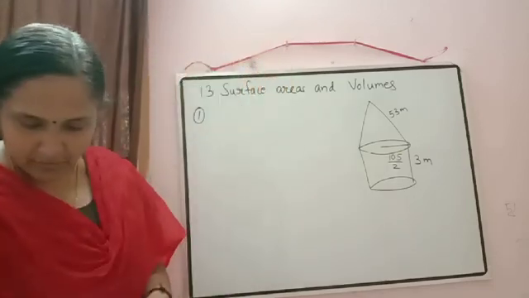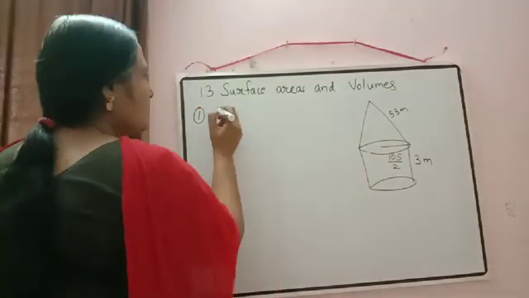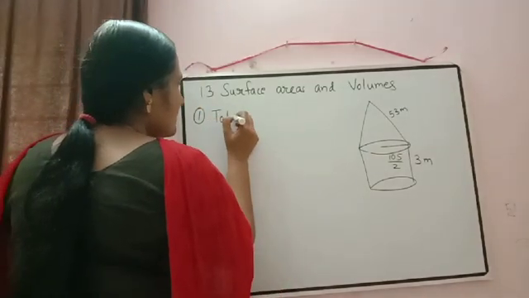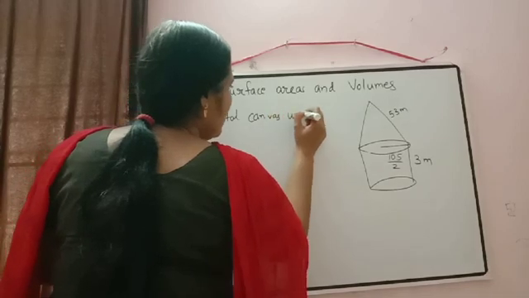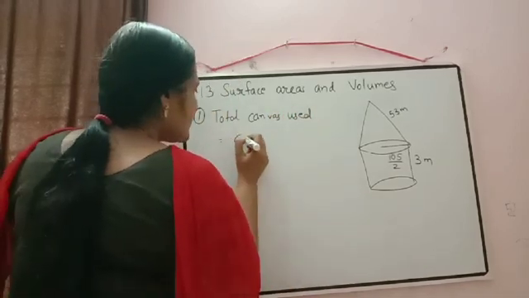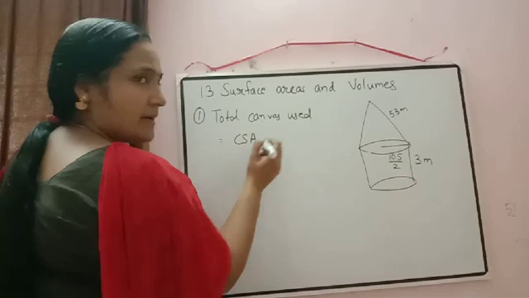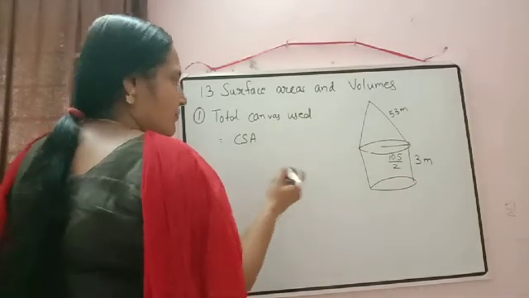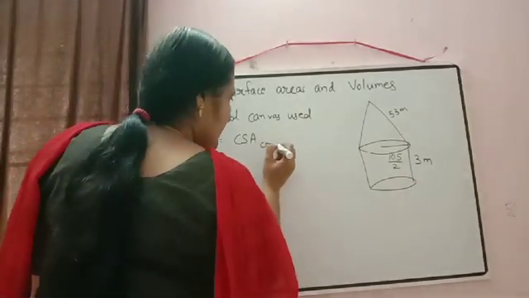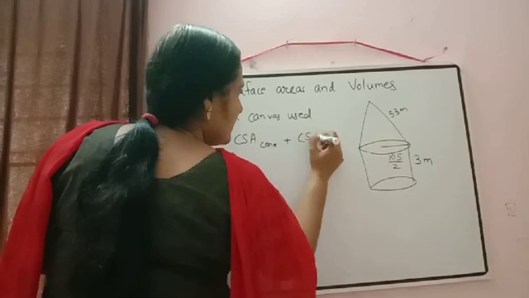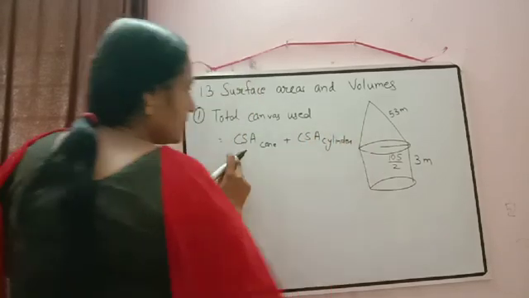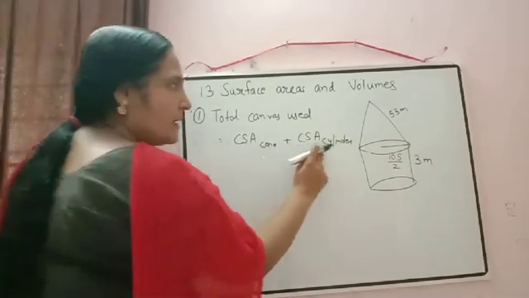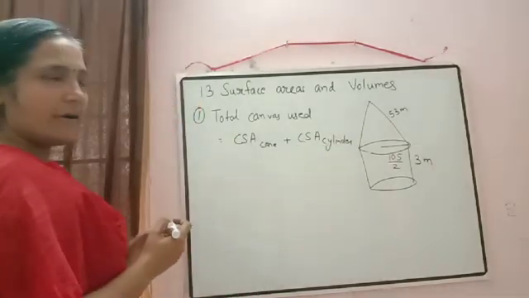So write: total canvas used is equal to curved surface area of cone plus curved surface area of cylinder.